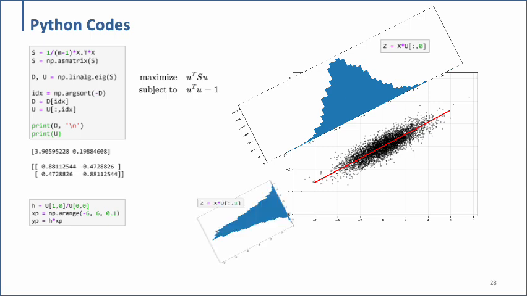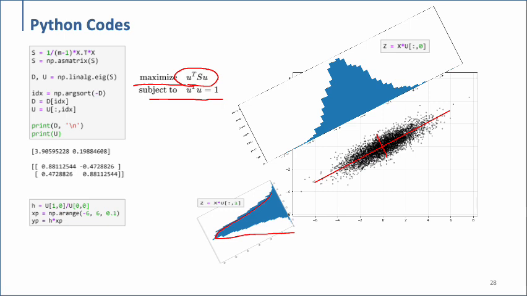But on the other hand, when you plot the distribution along this axis, the data has minimum variance. So our objective is finding the maximized U transpose SU, where U indicates the unit vector.